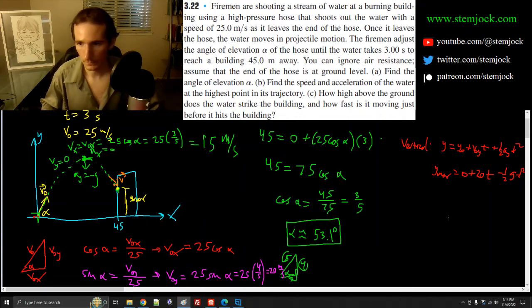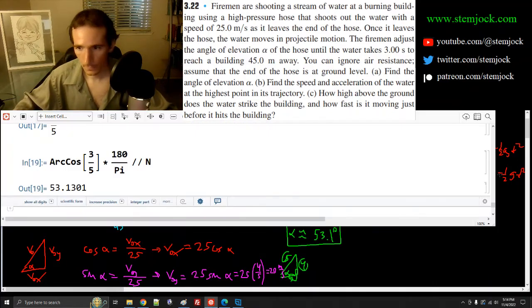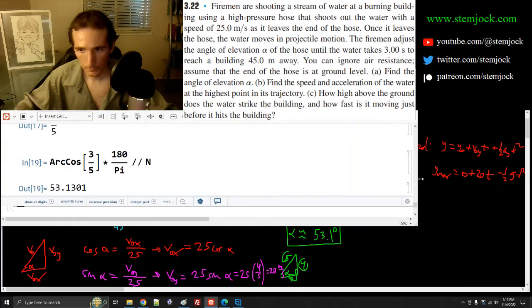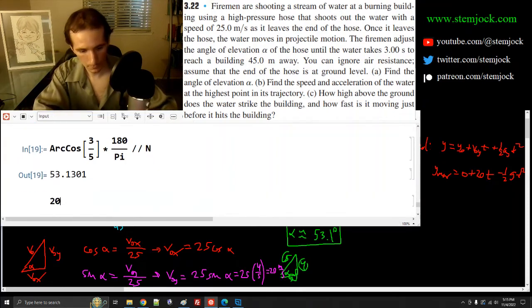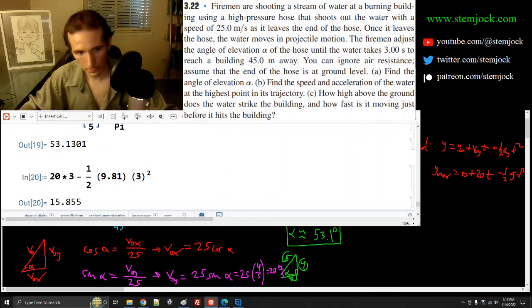So let's get out the calculator again. All right, so 20 times 3 minus 1/2 times 9.81 times 3 squared. 15.9 meters high.